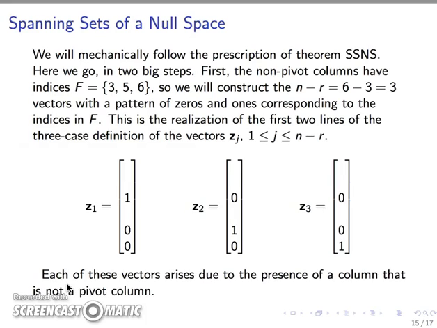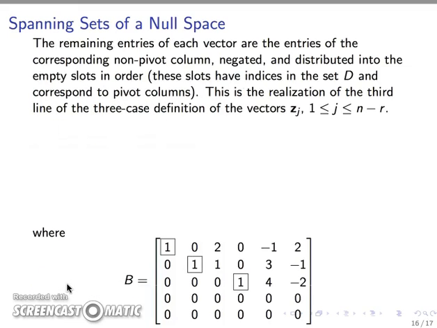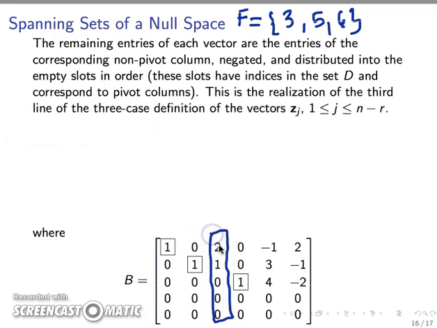What comes next is to use the information from the RREF to fill in the other locations, which appear empty this time. We're going to use the set F, which contains indices 3, 5, and 6. Each of these indices is going to be key. Column number 3 has entries 2, 1, 0, 0, 0, and that will be the other piece of information.